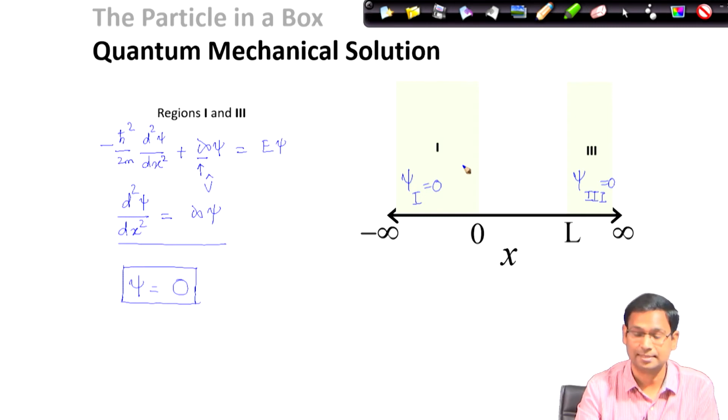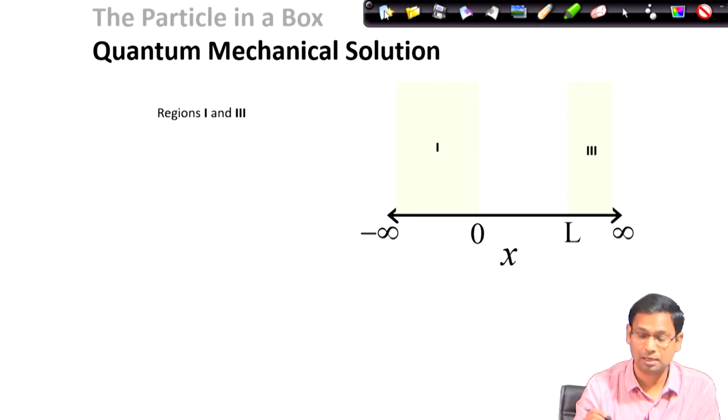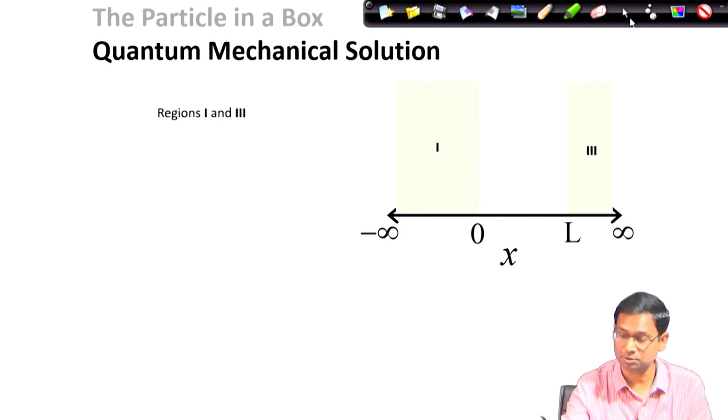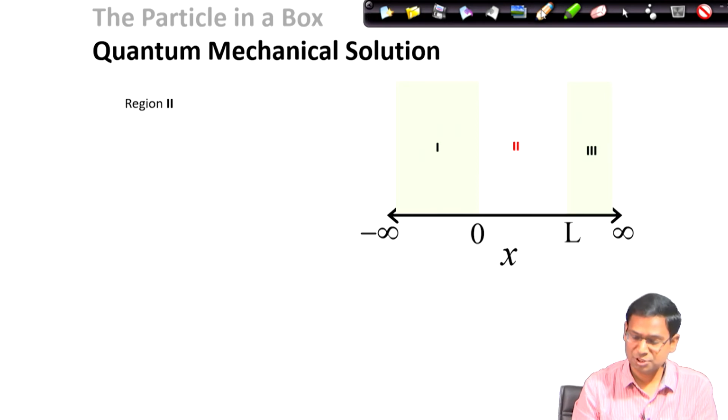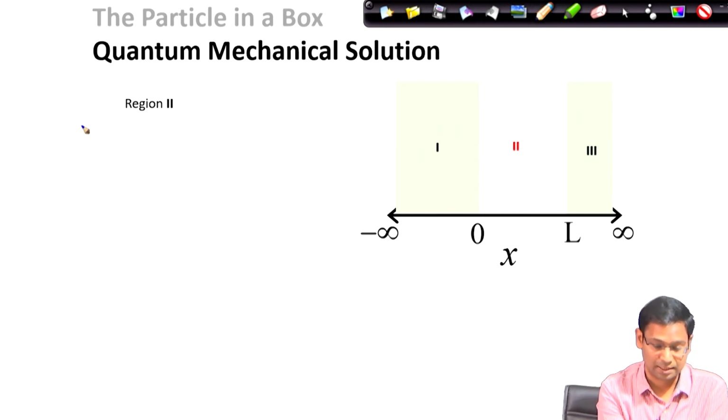So, this makes sense. Now, we learnt about region 1 and region 3. Now, we would go to the next solution, that is in region 2. In region 2, again we will start the way we started in region 1 and 3. So, we would write down the Schrodinger equation.